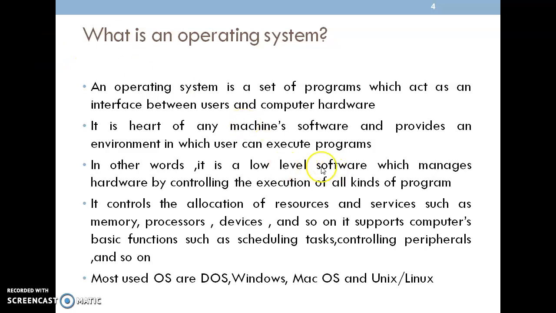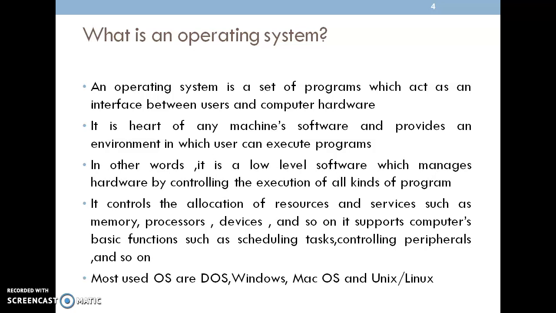In other words, it is low level software which manages the hardware by controlling the execution of all kinds of programs. As I told, it controls the allocation of resources such as memory, processor, devices, and many other applications.